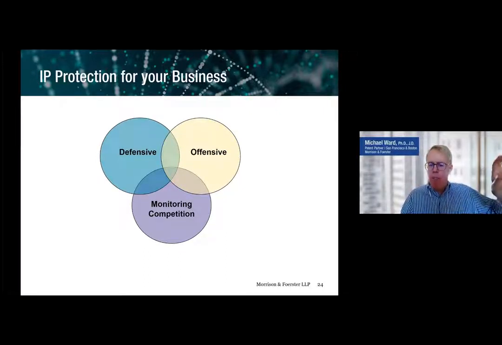First, the defensive positioning. We'll talk about that in a minute. Then offensive positioning. And then finally, monitoring the competition, the business intelligence about what's going on out there, all right? So let's dive a little bit deeper into what we mean by defensive, offensive, and monitoring the competition with respect to IP and your strategy.